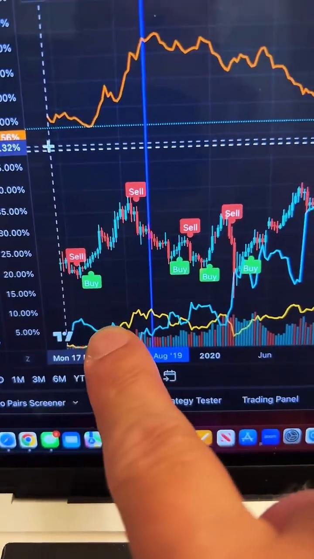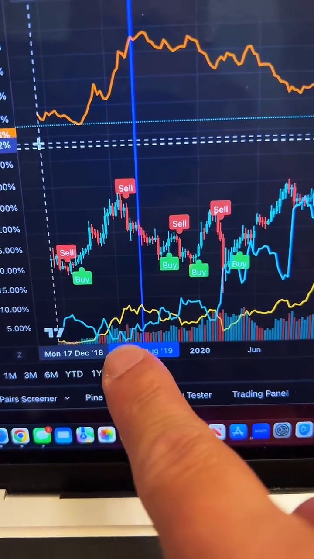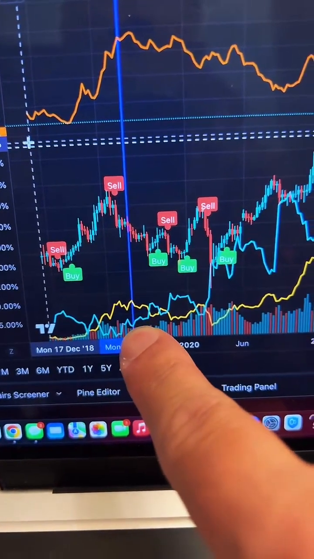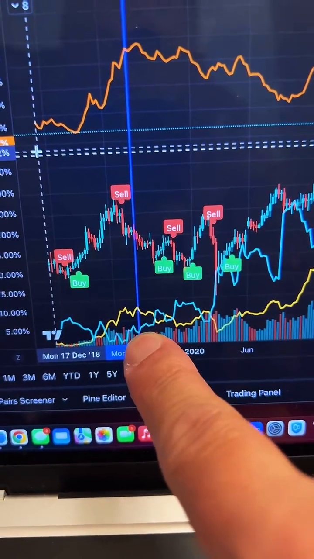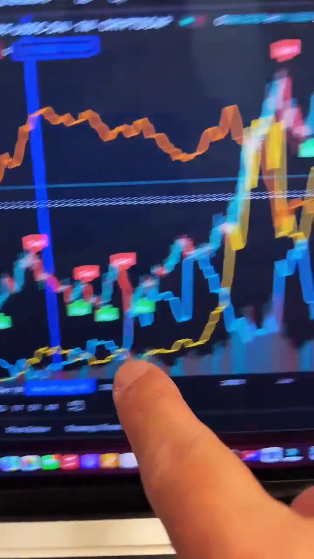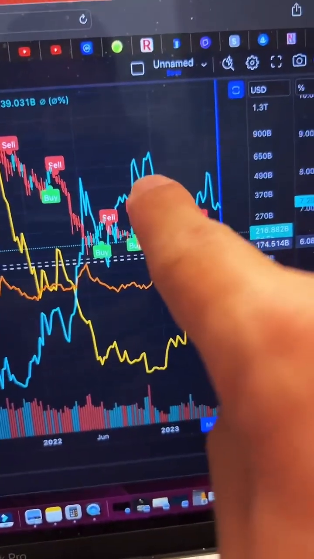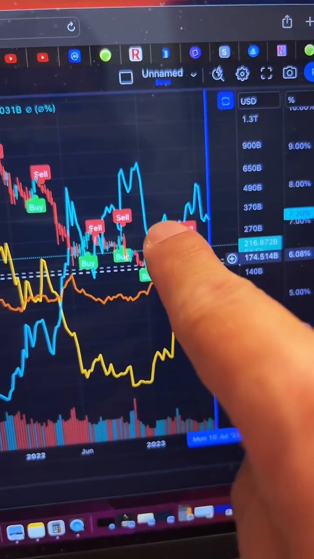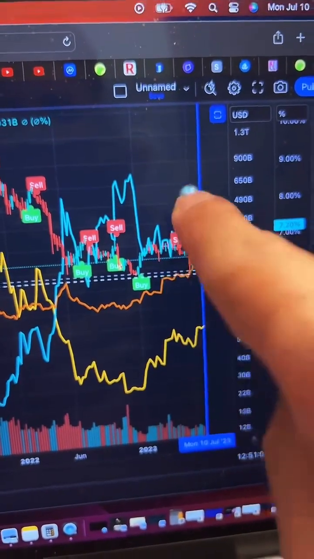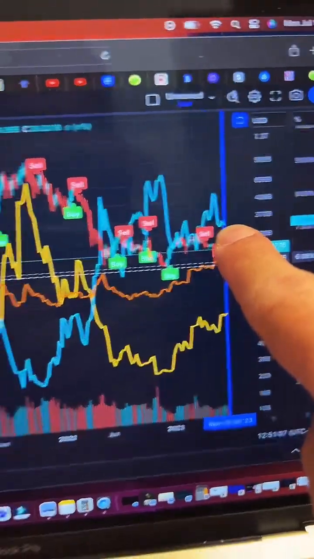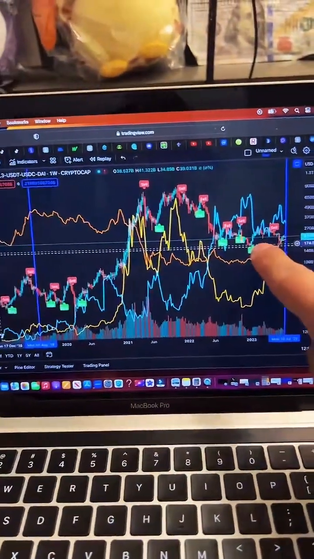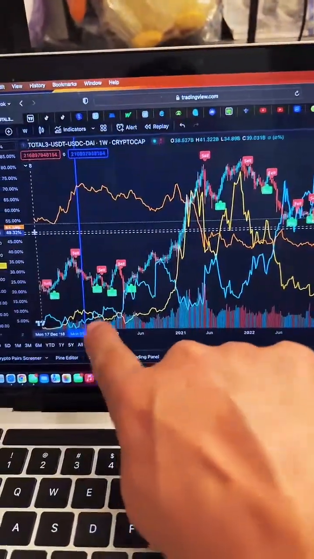Look at this. Tether had a high, a low, a lower low, a higher high, a higher low. Oh, interesting. What's Tether doing over here? A high, a low, a high, a higher low, a higher high, probably a higher low. Oh, goodness. Uptrend, uptrend.